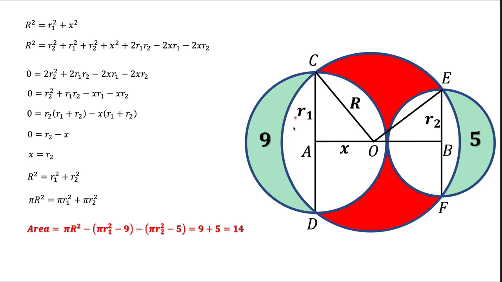So the left white area is the area of the left circle minus 9, and the right white area is the area of the right circle minus 5. Since pi R squared equals pi R1 squared plus pi R2 squared, all the terms with pi cancel out here, and all we have left is 9 plus 5 equals 14.